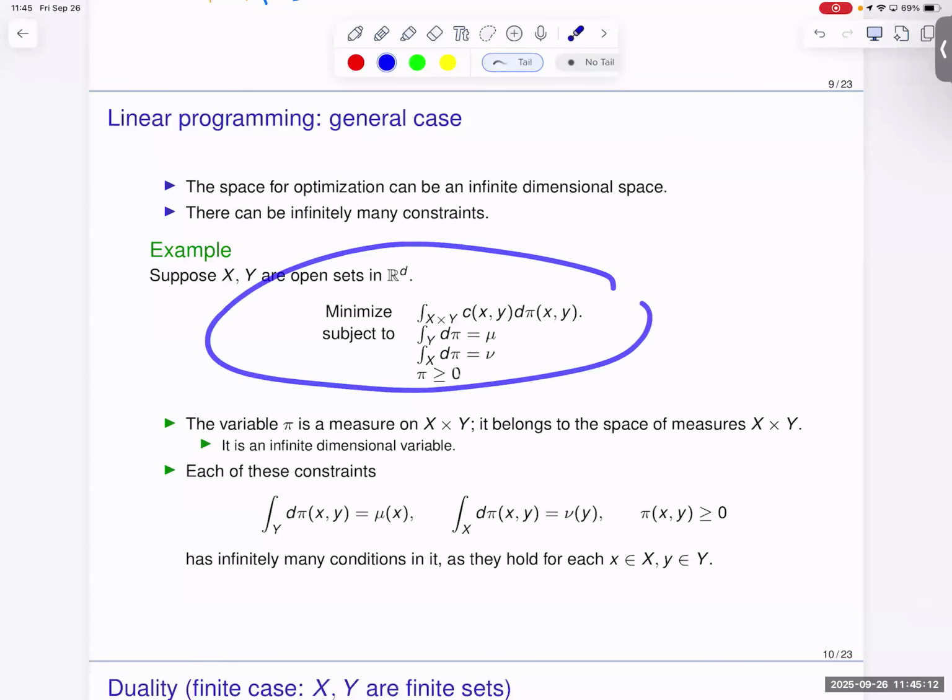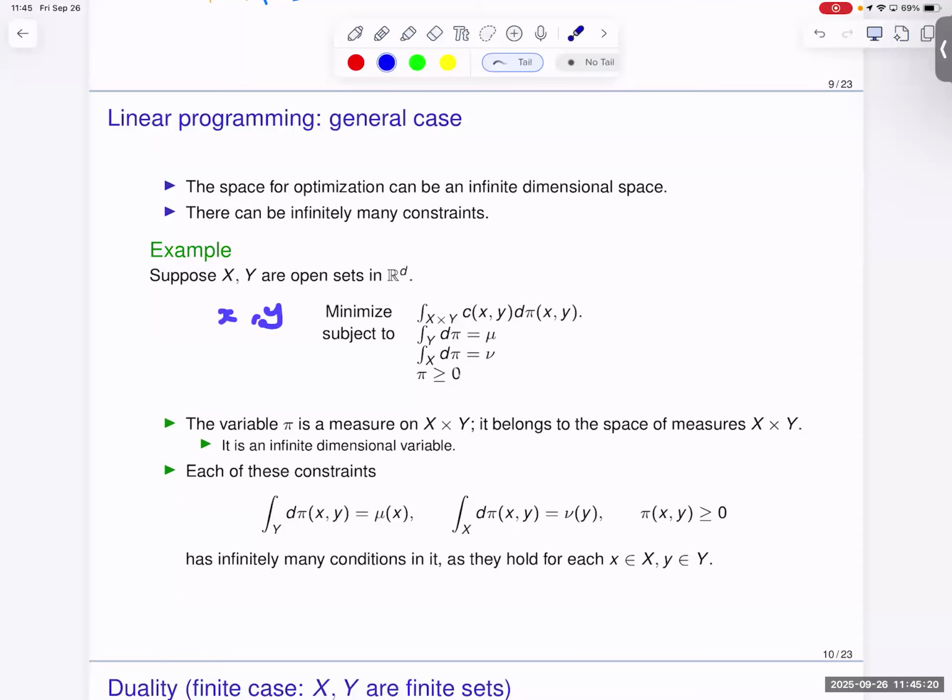So in our problem, let's say you consider x and y as open sets in R^d, then you have x variables and y variables that are infinitely many such values, right? And the space of measures on such open sets is bigger than the space of functions. So it's highly infinite dimensional.